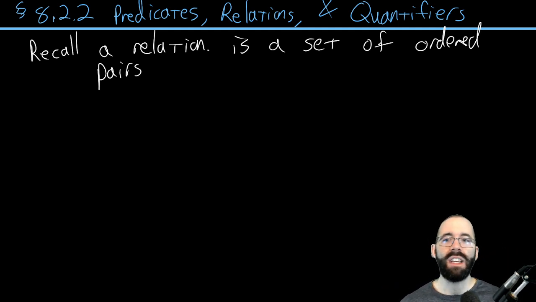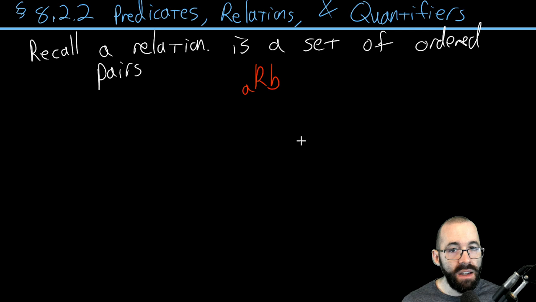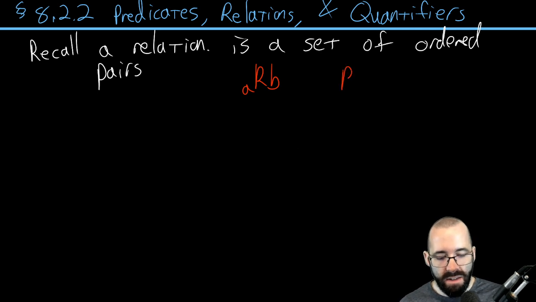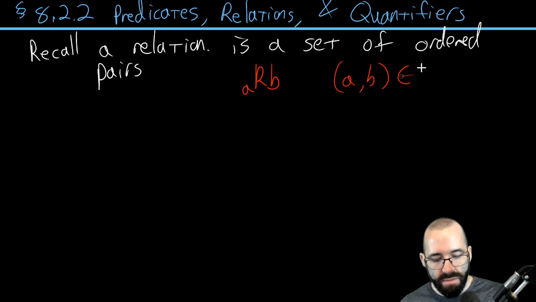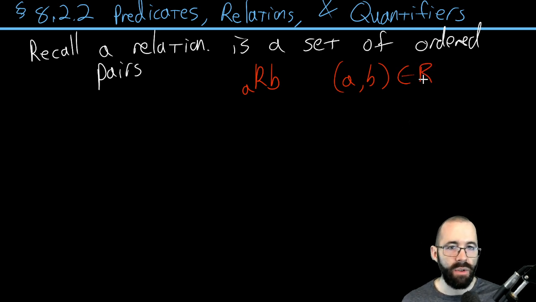So remember what a relation was. A relation was a set of ordered pairs, right? If we said that A is related to B, that means that the ordered pair A, comma, B was in that relation. A relation was a set of all of these ordered pairs. And again, relations don't have to be ordered pairs. They could be ordered triples, or any kind of tuple, right?